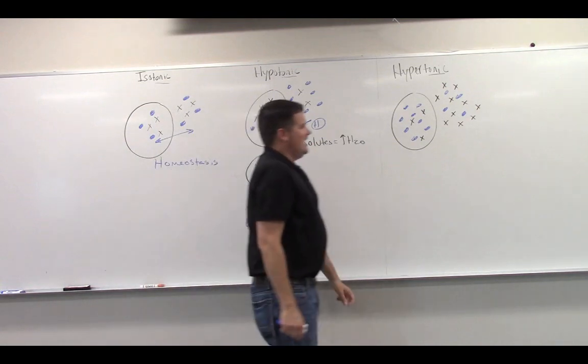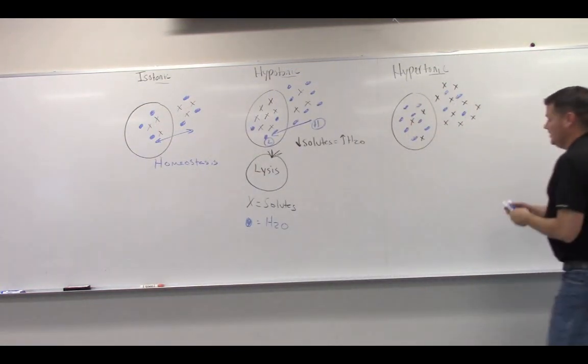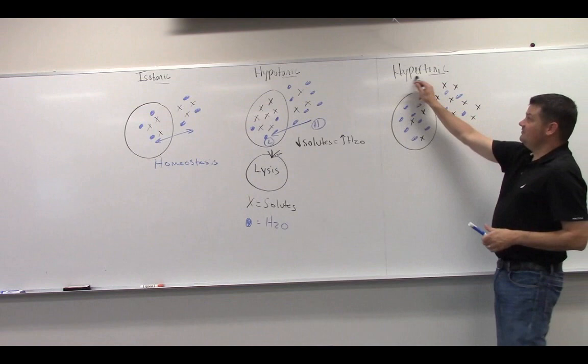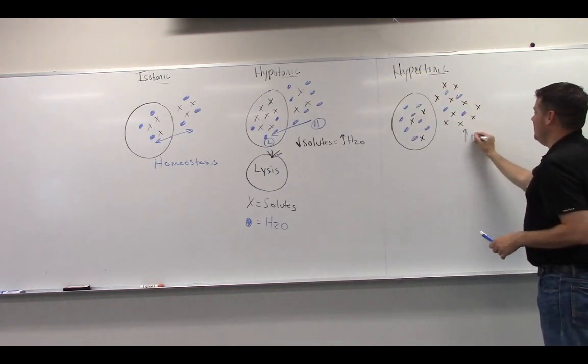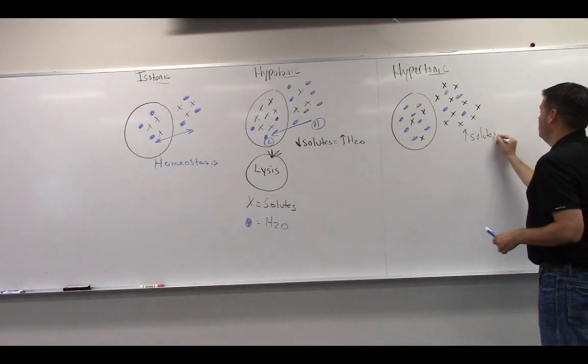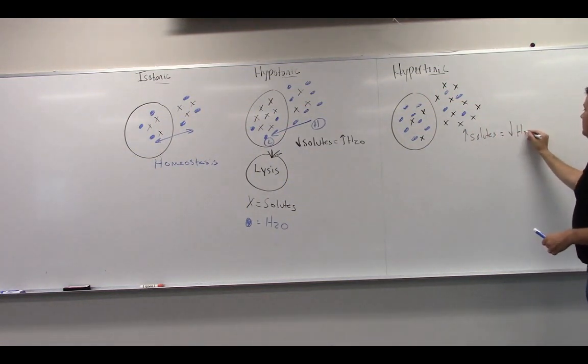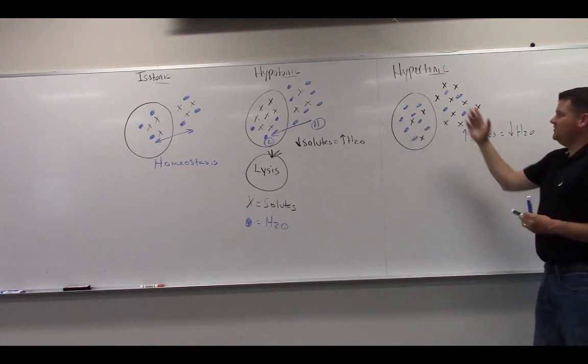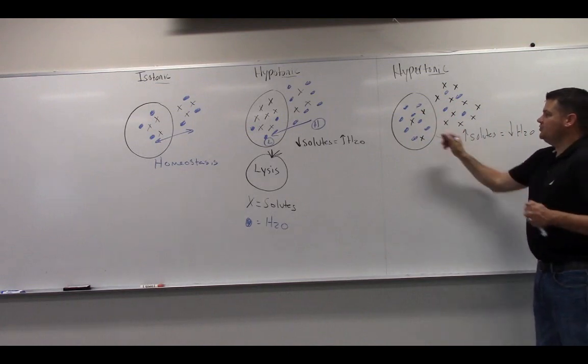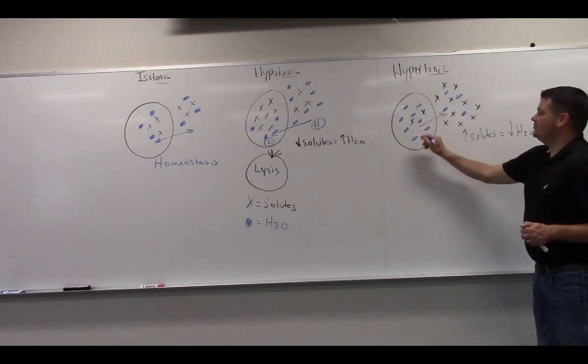On the other end of it, we have hypertonic solution. So here, hyper means excessive solutes. Okay, so here we have the opposite. We have a lot of solutes, which equals less water. Okay, so because there's more water in the cell here than on the outside, the water wants to shift from high to low.